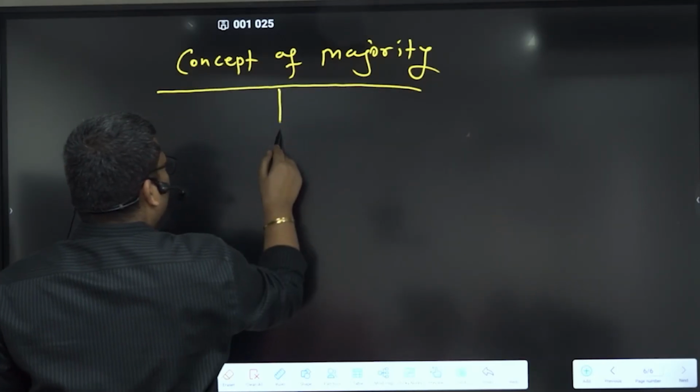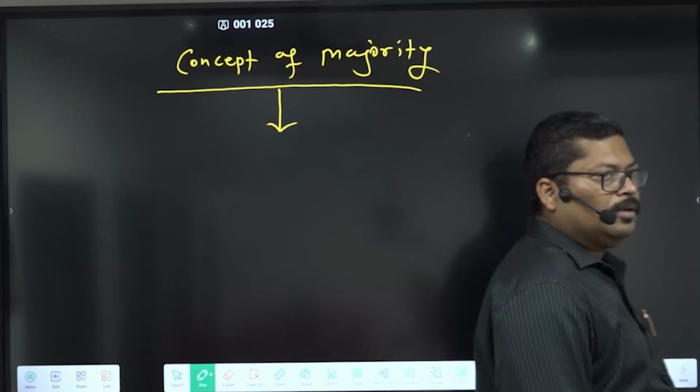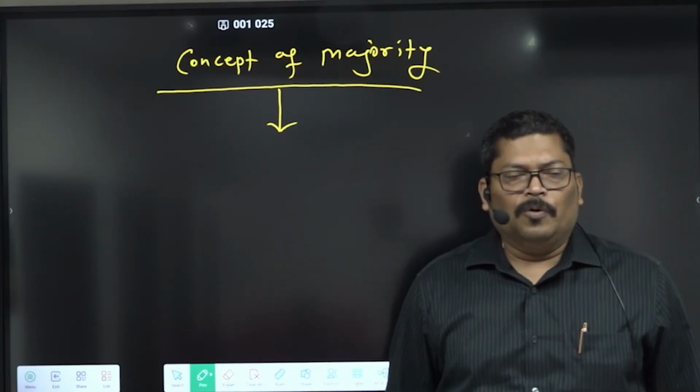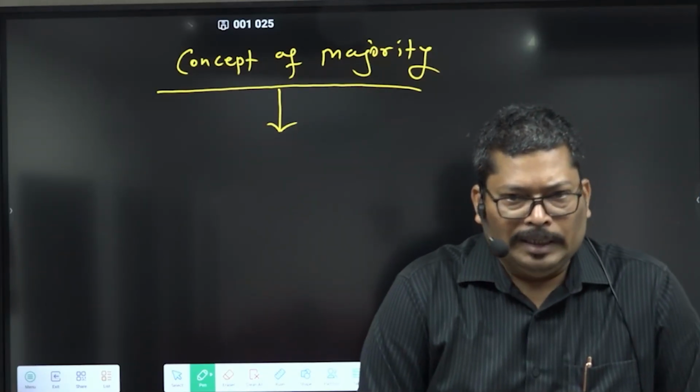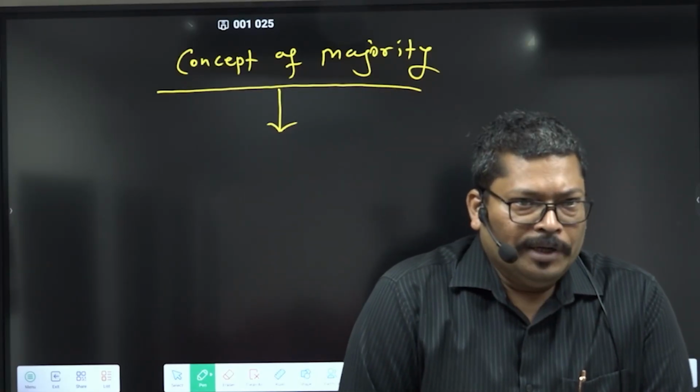See, in India, when it comes to legislative business, certain kinds of majority are followed.